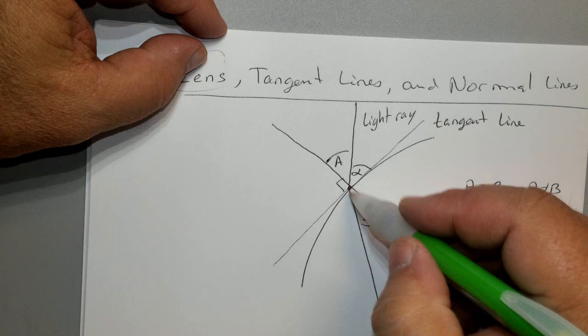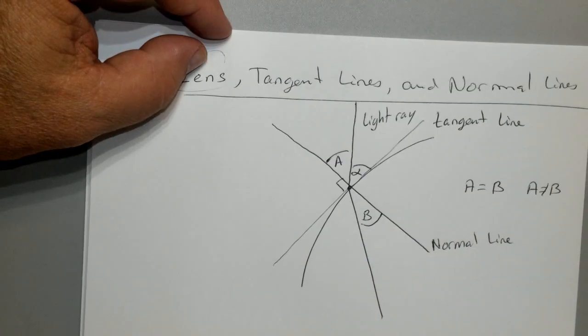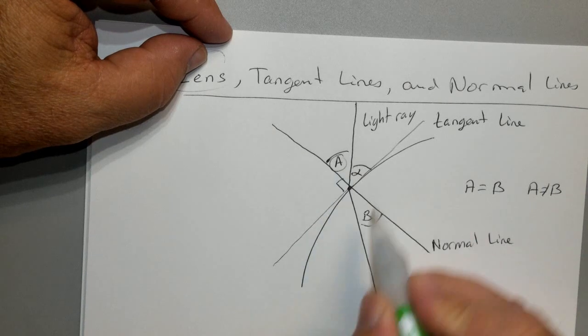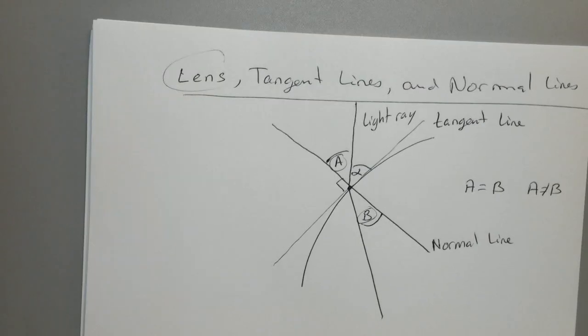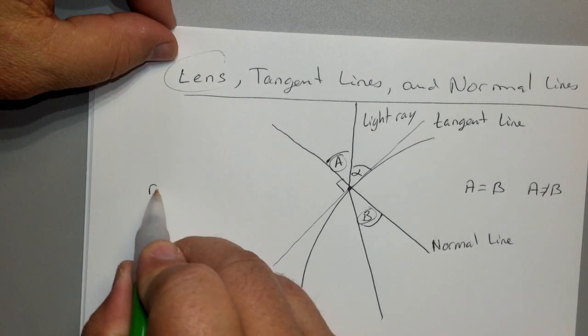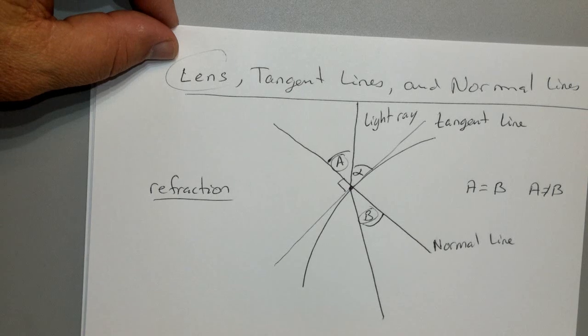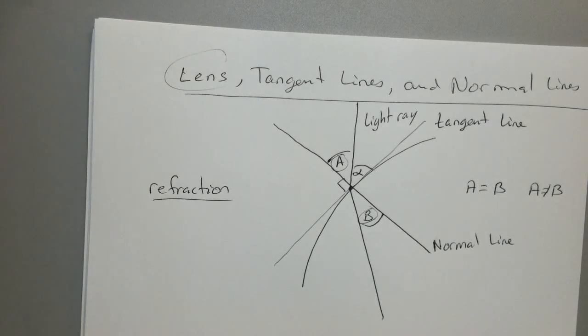So when light comes in, it bends off of the normal, which is the entryway. So we are going to talk about angles A and B from the normal. The refracted line, or refraction.